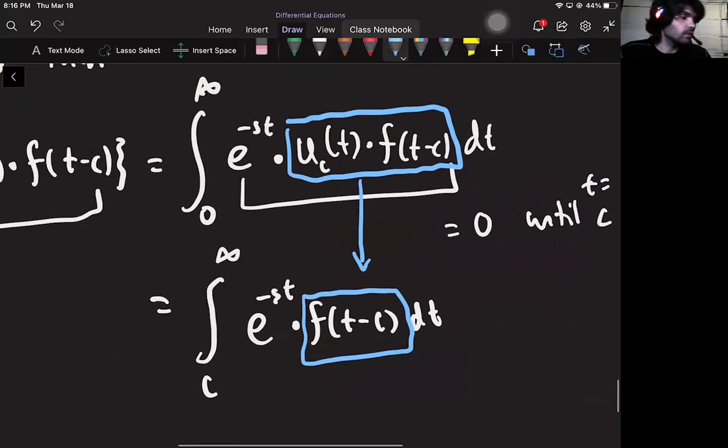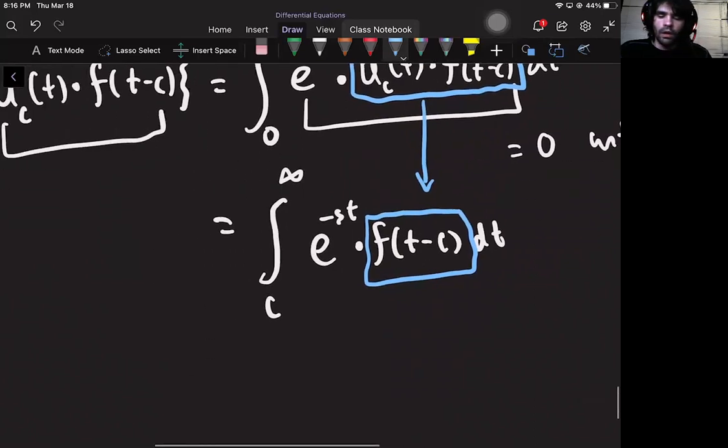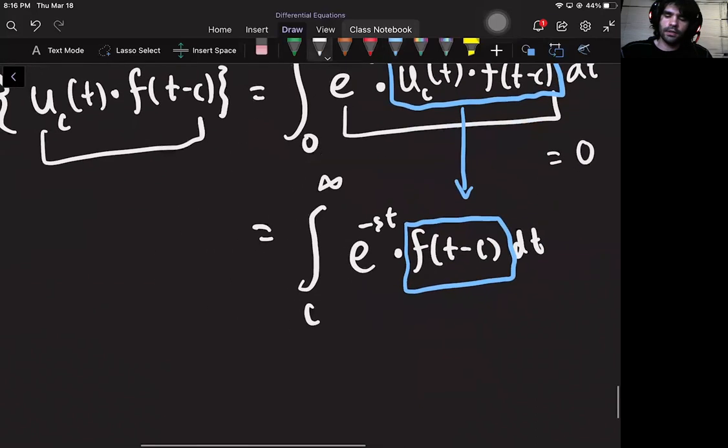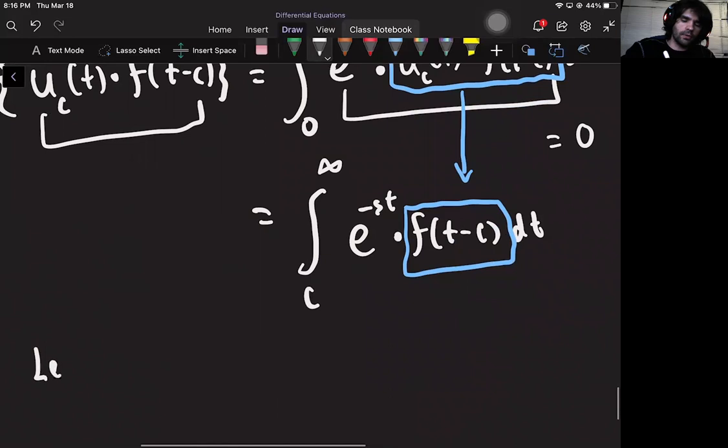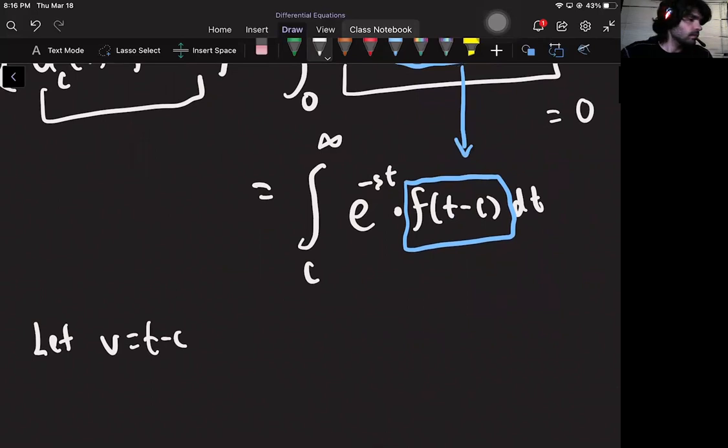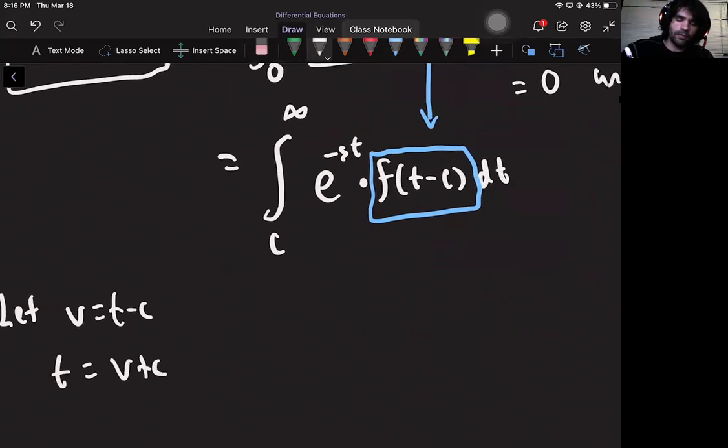And so now this is the integral that we're dealing with. Then we do a nice little change of variables. I'm going to let v equal t minus c. And then t, if I just add the c over, will be v plus c. So that'll come in handy too. Then I change variables. This will be interesting.